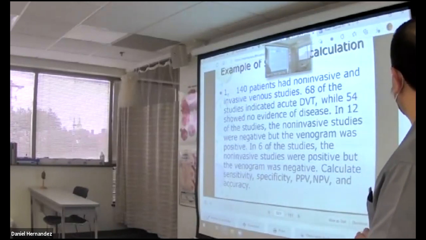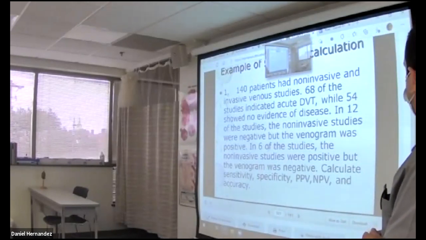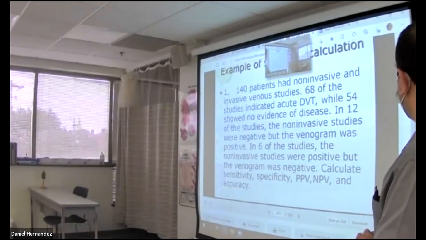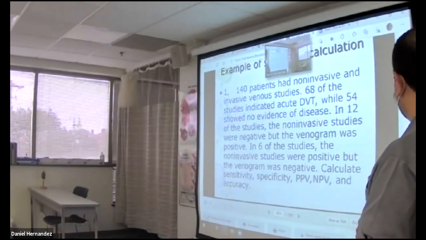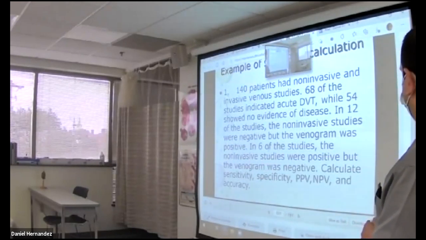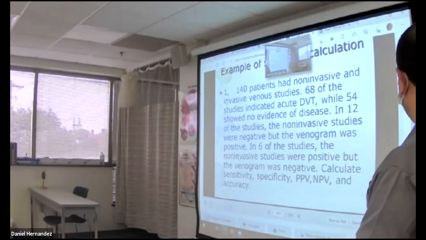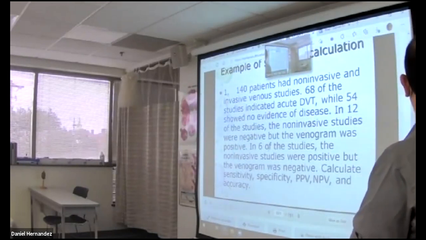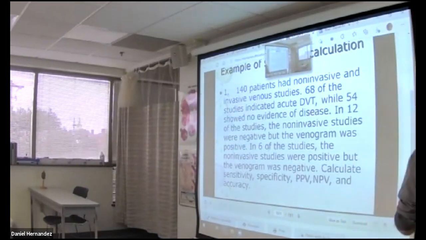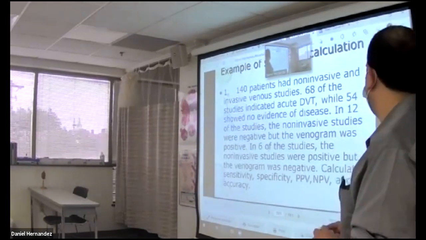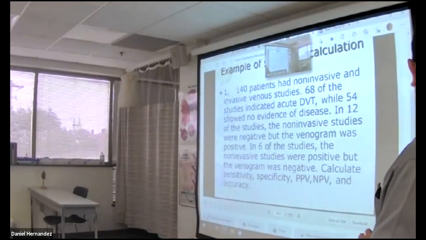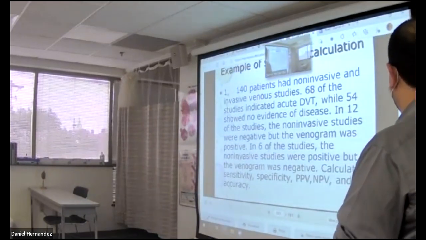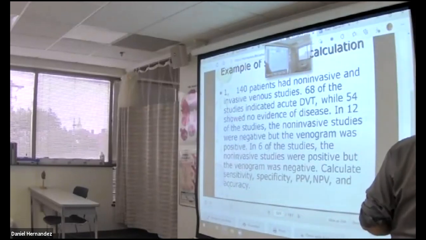So 68 of the studies indicated acute disease. And 6 of the studies, the non-invasive studies were positive, but the venogram was negative. So that would be a false positive, so this is 6. 68 of the studies indicated acute disease, positive.